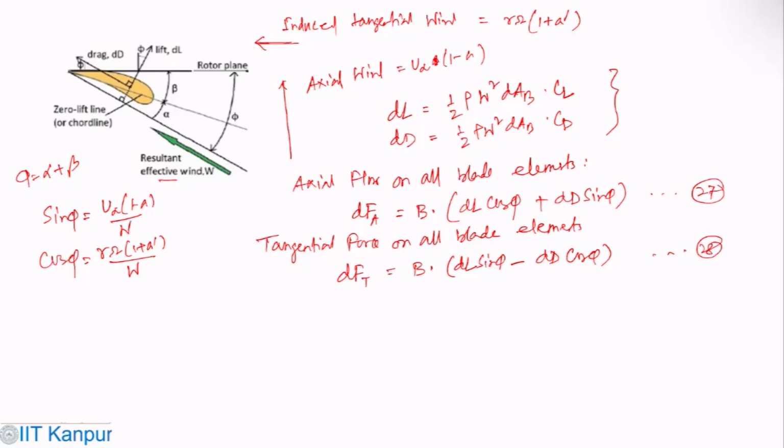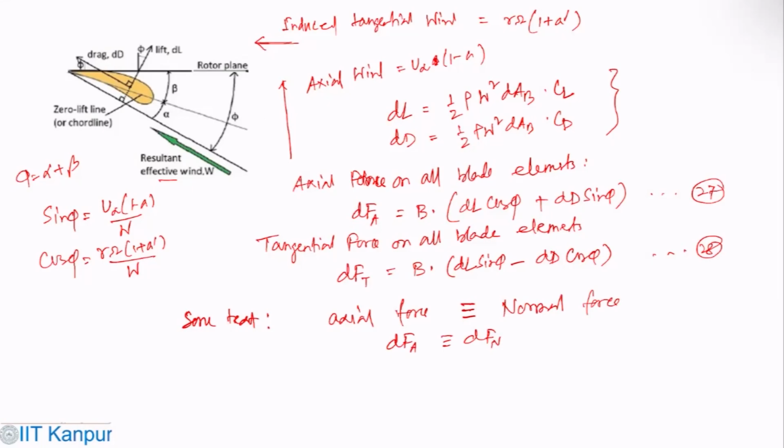So these are what you have. In some texts you can find the axial force is equivalent to the term normal force, so some textbooks write this as dFn, but obviously the tangential force would remain as tangential.